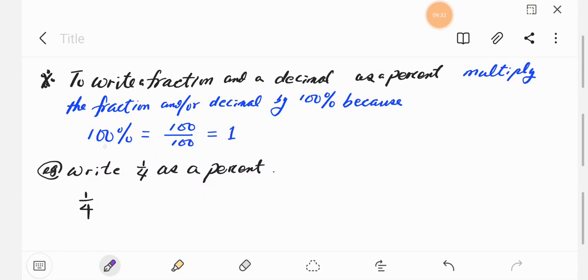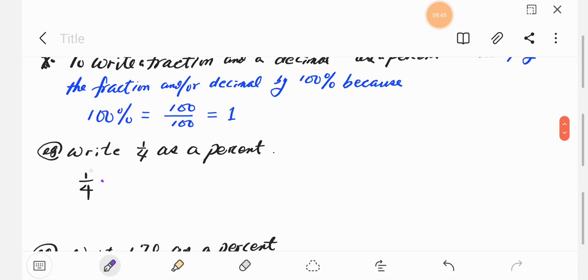When you write 100% in decimal, it will be 1. The decimal number is 1. So 1 represents 100%. So it is okay to multiply 1/4 by it. Write 1/4 as a percent. That means 1/4 times 1 is still 1/4, isn't it? 1/4 is equal to 1 over 4 times 1. Still the same, right?